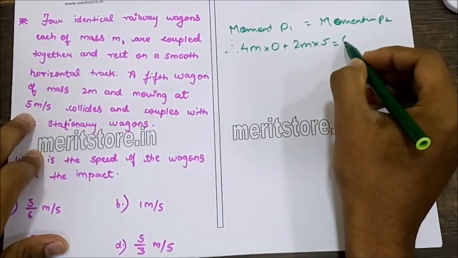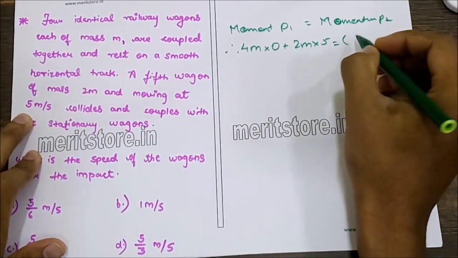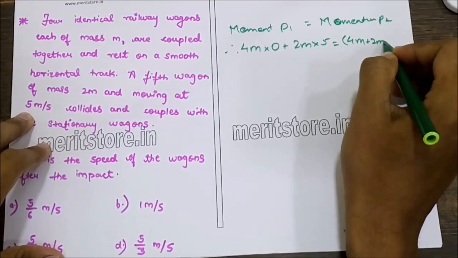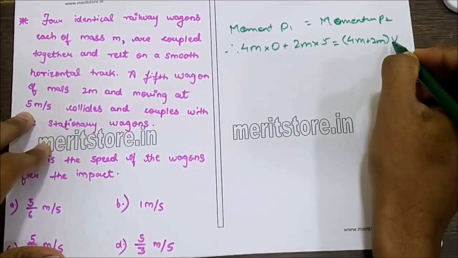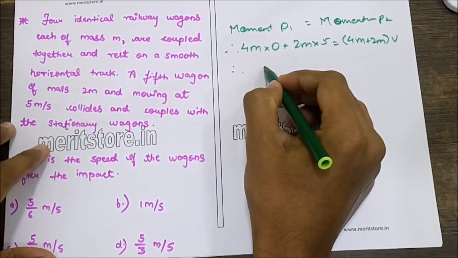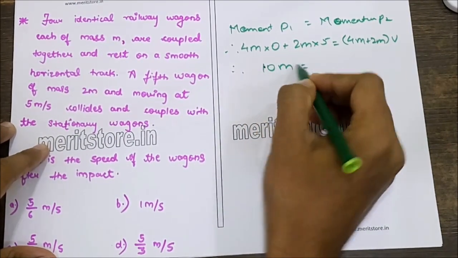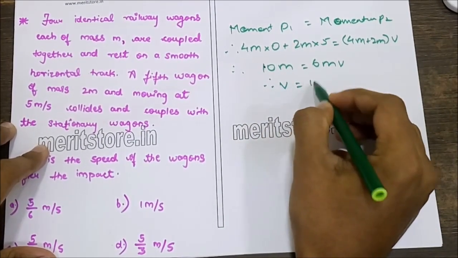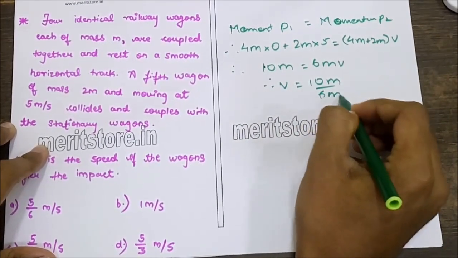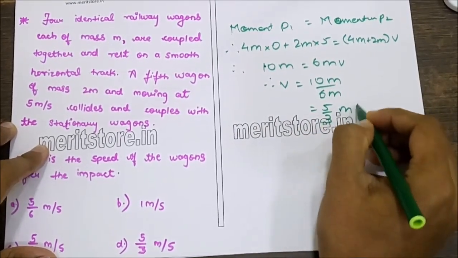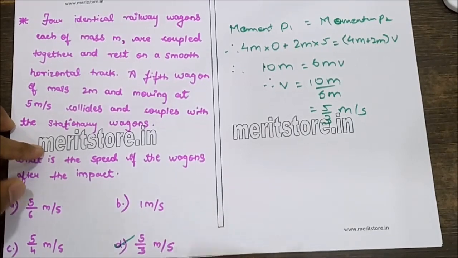After collision, since all the five wagons form a combined system, 4m plus 2m times the final velocity of the entire system. Therefore, 10m is equal to 6mv. Therefore, v is equal to 10m upon 6m, which is nothing but 5 by 3 meters per second. Hence, option D is the correct answer.